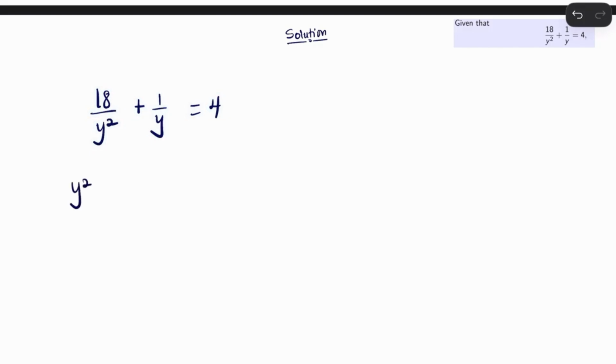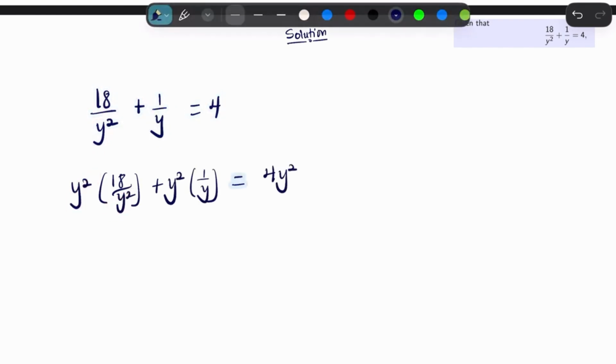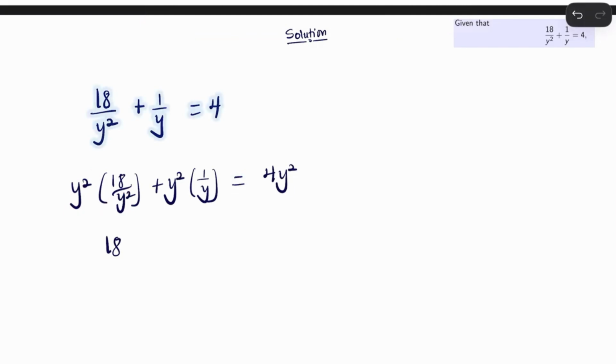So we're going to have y squared multiplying 18 on y squared plus y squared multiplying 1 on y is equal to 4y squared. And so here, this will cancel that. So we are going to have 18, and also this will cancel one of these. So that's going to give us y is equal to 4y squared.